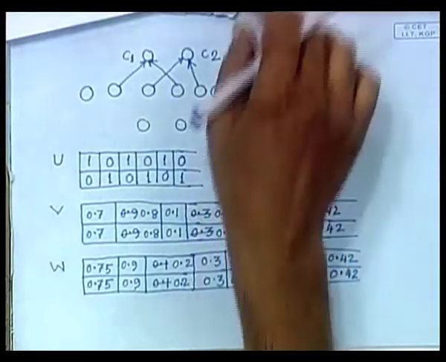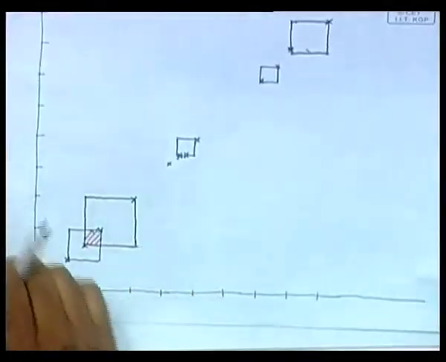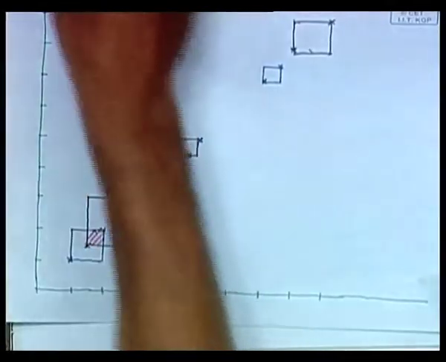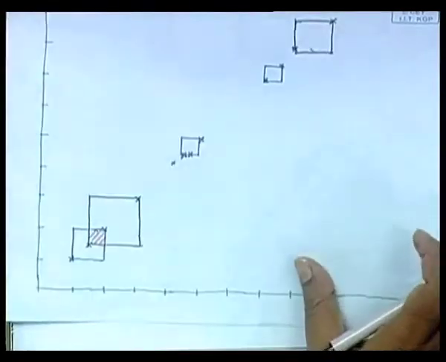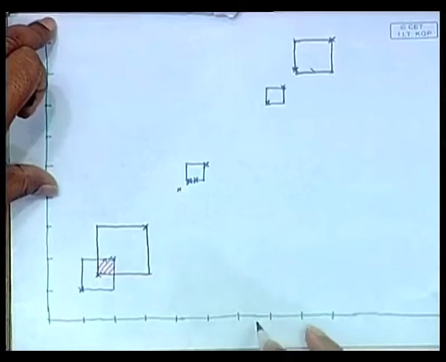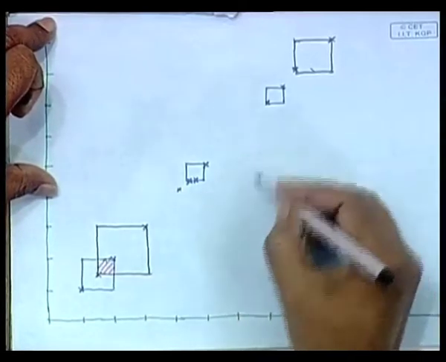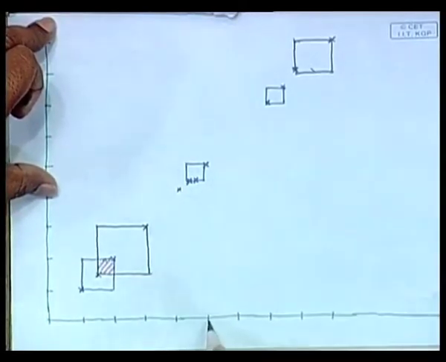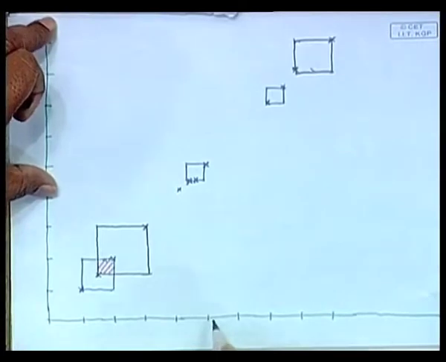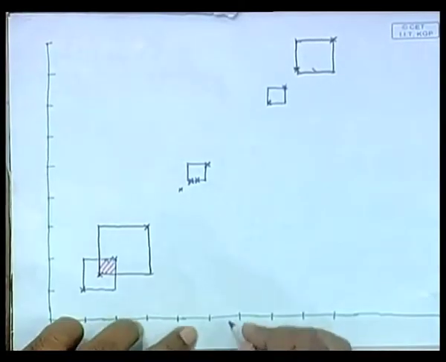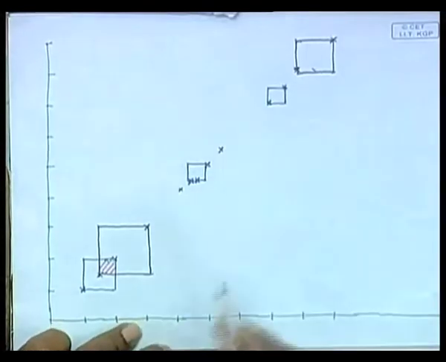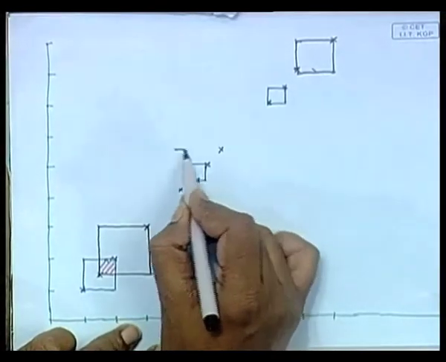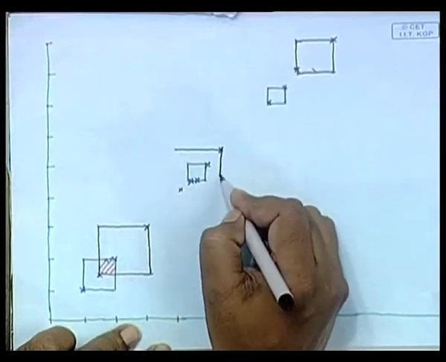Then I take the next point, which is 0.55, 0.55. This was 0.5, so 0.55, 0.55 comes over here. I expand the previous hyperbox.